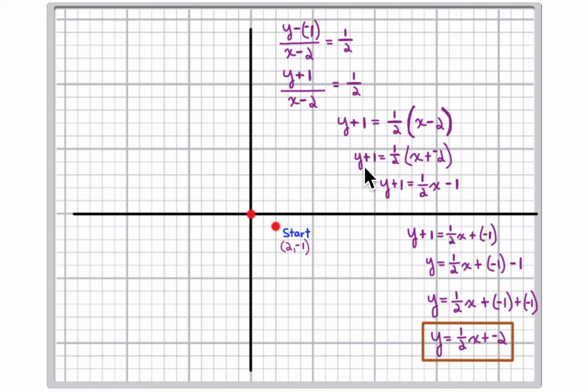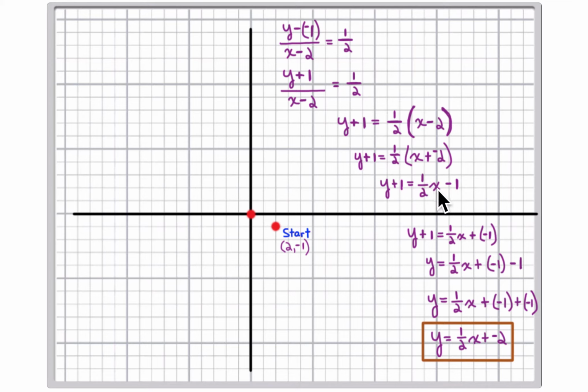All right. So now you have y plus 1 is equal to 1/2 of x minus 2. I'm going to rewrite x minus 2 as x plus a -2, and this is why this begins to seem long, because it's a lot easier to keep track of what's going on if I'm multiplying 1/2 times x.